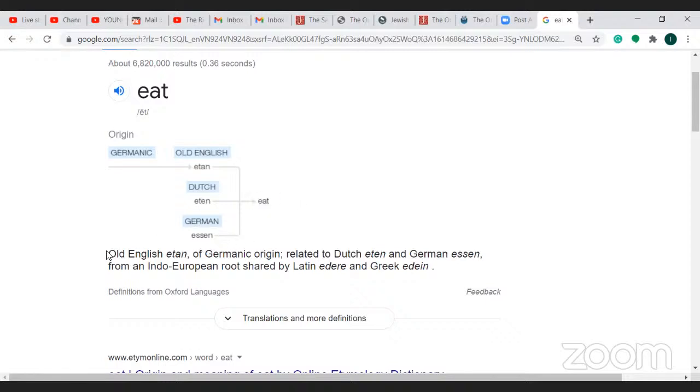Now look at origin, and then there's nothing here. In other words, there's no tail of the arrow and head of the arrow pointing to essen. Everybody should take note of that. So let's deal with that. It says from an Indo-European root shared by Latin edere and Greek esthein.